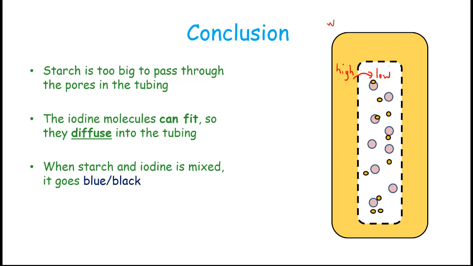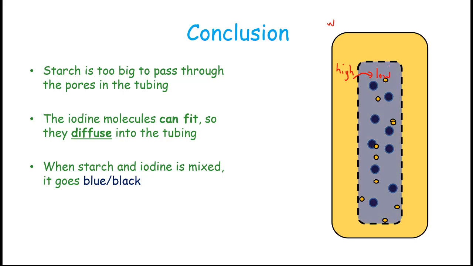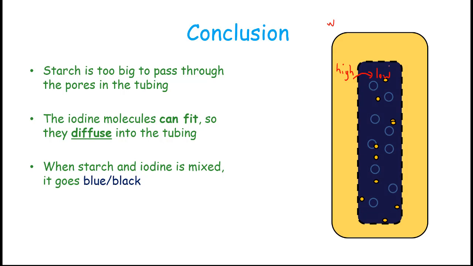So the iodine diffuses in, and then the starch changes colour. And that's why it goes blue-black. Now this also shows a little bit about permeability. Because these starch molecules were too big, they couldn't fit out there, but the iodine molecules are nice and small, so they could fit in.